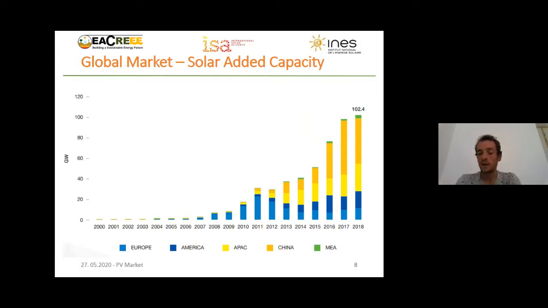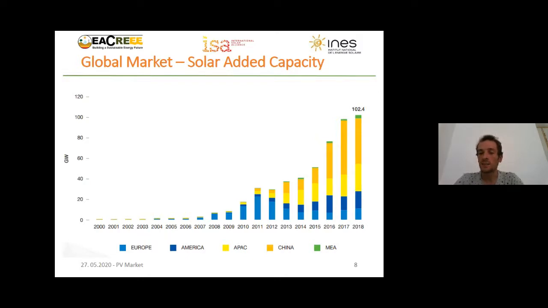Now China accounts for almost half of each year's added capacity in terms of solar photovoltaics power generation. It's interesting to see that now in 2018, but I think it's quite the same this year in 2020, we have almost 2/3 of the global solar market driven by China, Southeast Asia countries, and more Middle East and Africa countries.